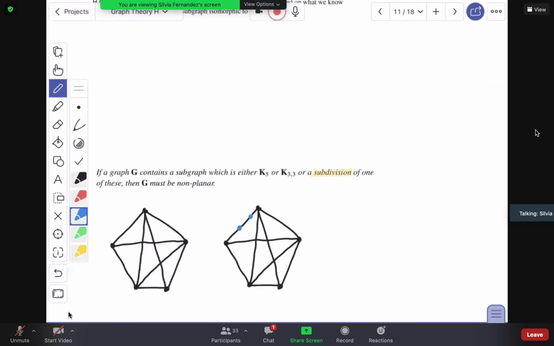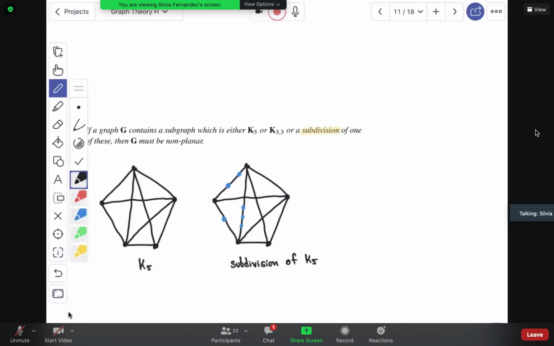I can add vertices of degree 2. So this one, for example, this is K5. This is a subdivision of K5. So you are allowed to add vertices of degree 2 along the edges.